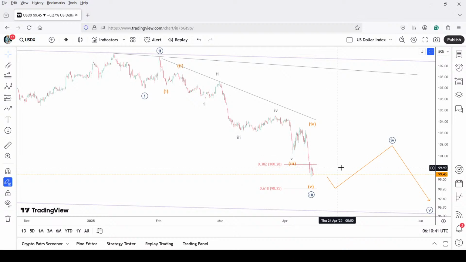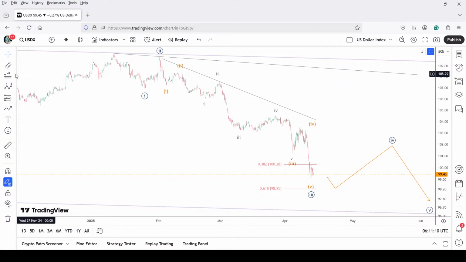Now, if minute wave 4 is unfolding, and it most likely looks like it is underway, then it would not be very soon. Ideally, it would take some time after a bit of sideways action, possibly an expanded flat or a triangle in the making, before minute wave 4 actually terminates.